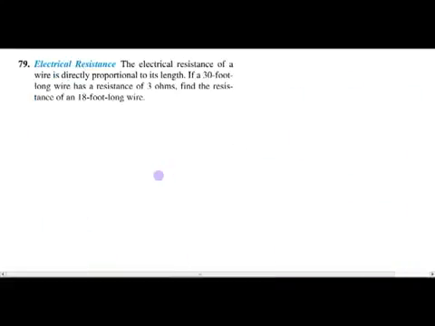Here we have an electrical resistance problem. The electrical resistance of a wire is directly proportional to its length. If a 30-foot long wire has resistance of 3 ohms, find the resistance of an 18-foot long wire. So first of all, in real life, we don't have things running around with variables attached to them.